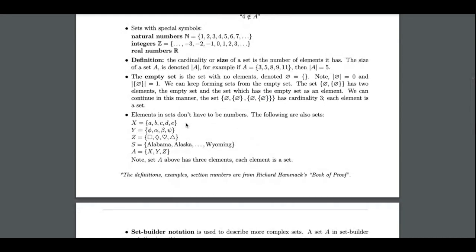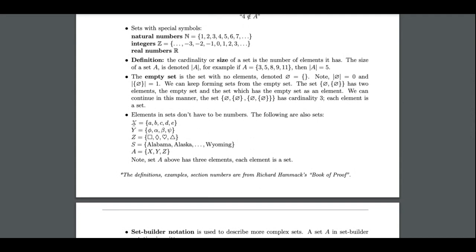Elements in sets don't have to be numbers, right? Just as I said before, our class can be thought of as a set, and then we can put each student's first name or last name in it to make a set.